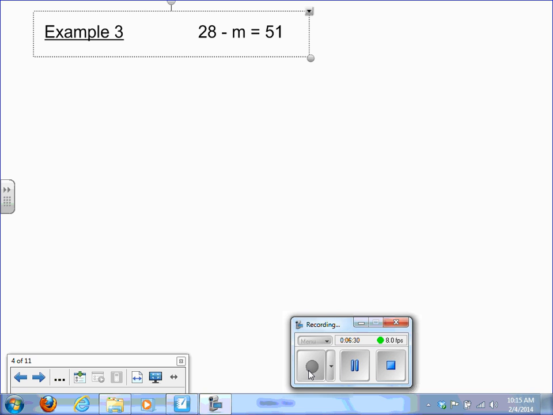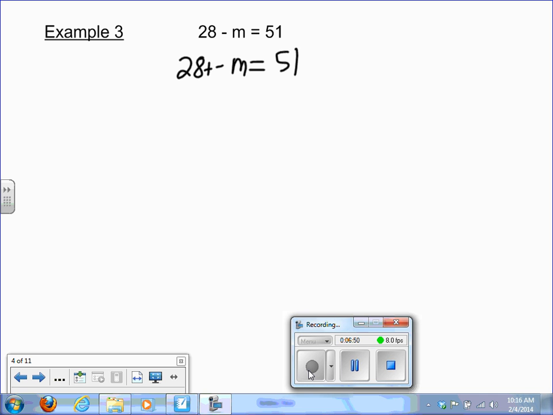Okay, step 1. Distribute if necessary. Do we need to distribute, kids? No. Step 2 says to do what? And tell me what we would do. Madison. You have to change the subtraction to equivalent addition. Good. So what are we going to have? 28 plus negative m. Okay, now I want you to write this down.